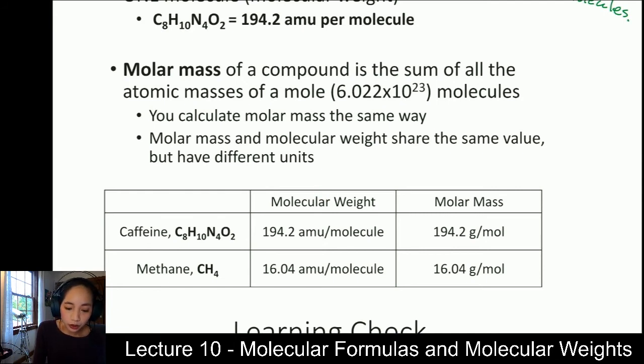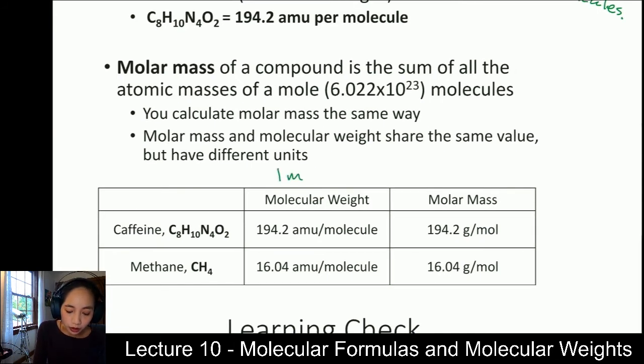Again, molecular weight only measures one molecule, while the molar mass is the mass of 1 mole worth of that molecule. So if we look at caffeine, the molecular weight that we just got was 194.2 AMU for one molecule. The molar mass of caffeine is 194.2 grams when you have 1 mole worth of caffeine.